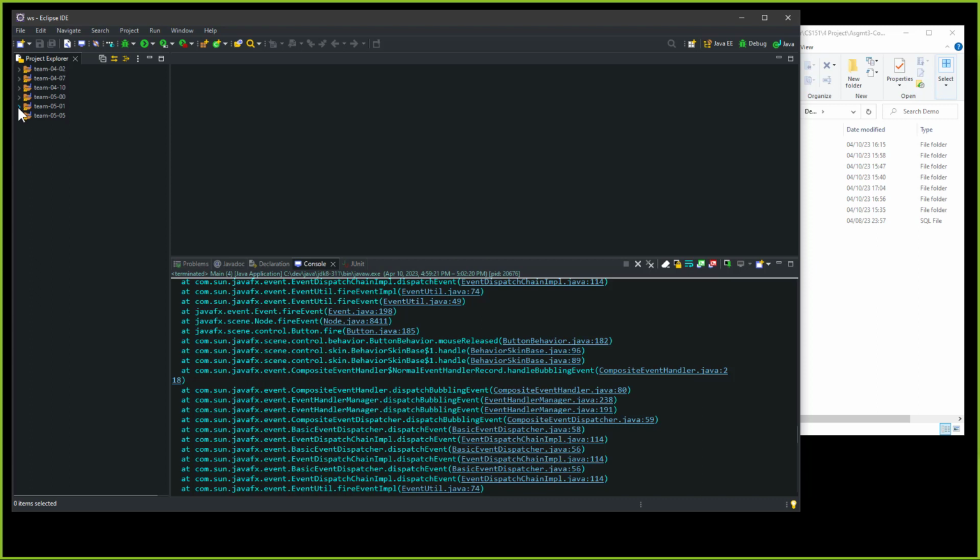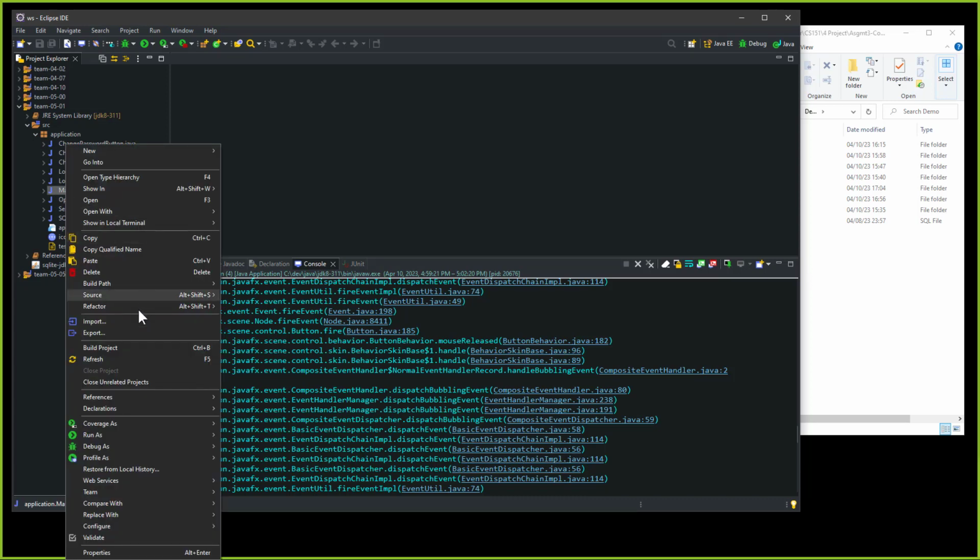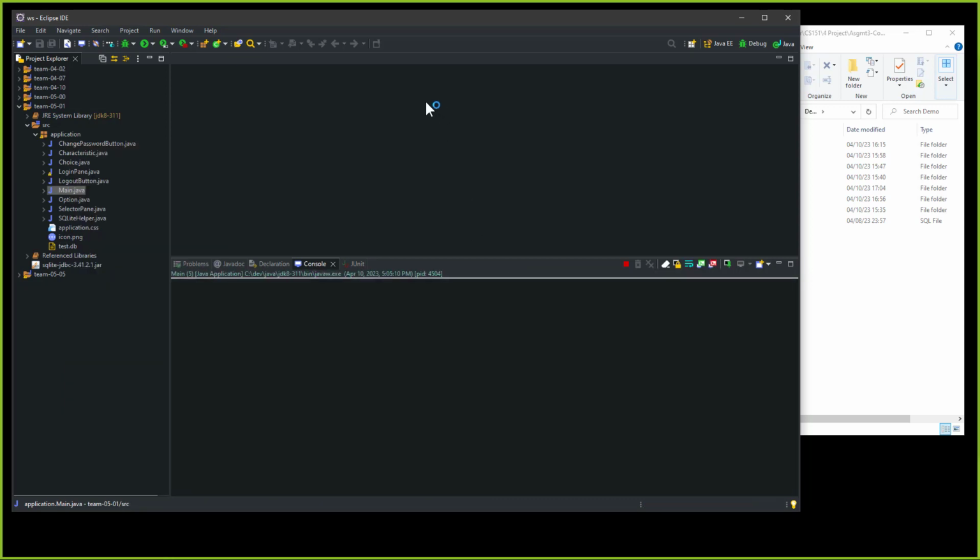Okay, we have here the source, and this one again, the SQLite is in the root, so I don't need to do anything. And the main, run as Java application.